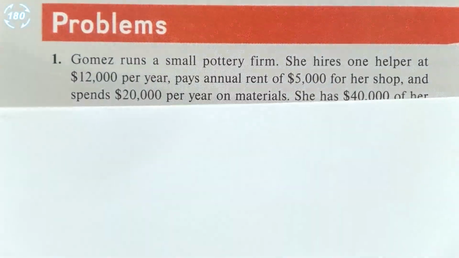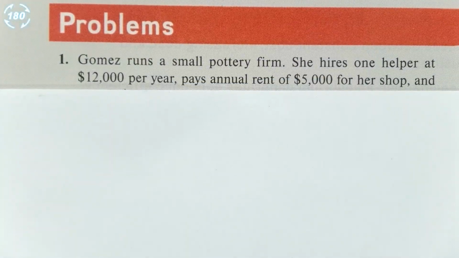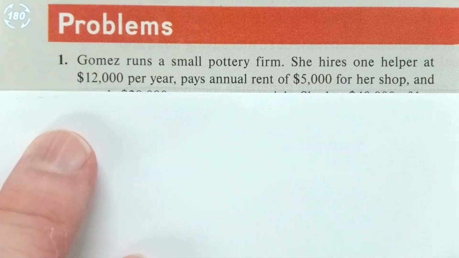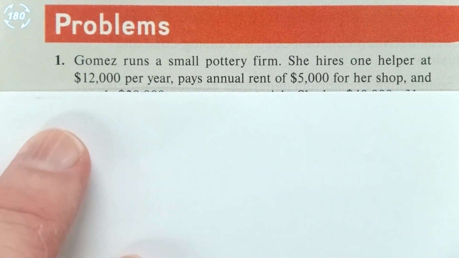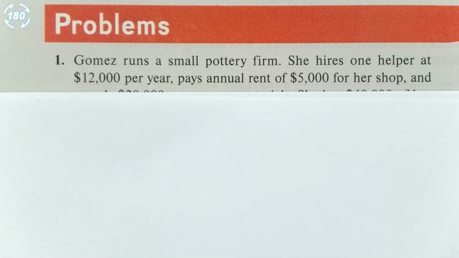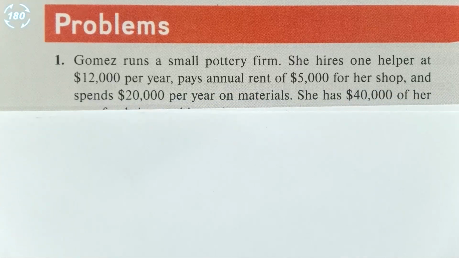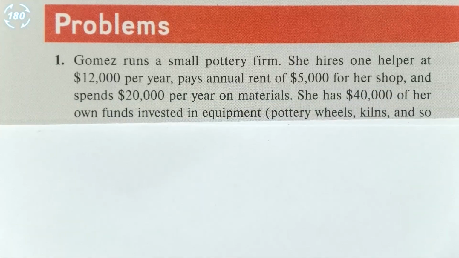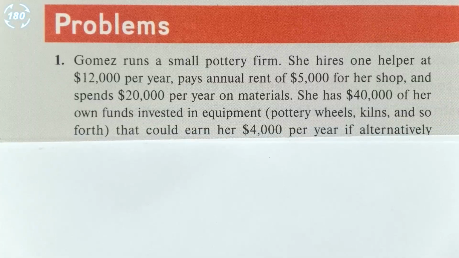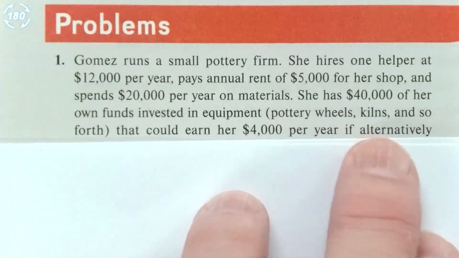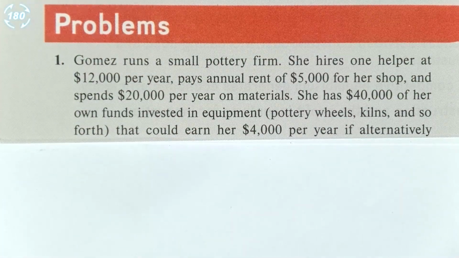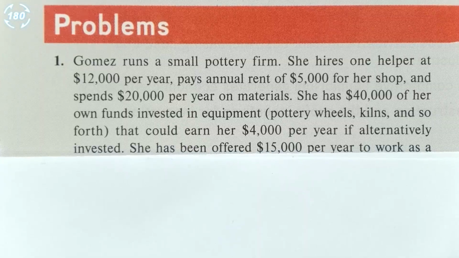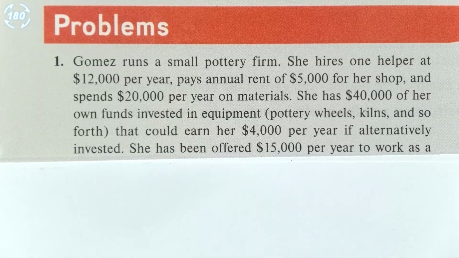Gomez runs a small pottery firm. She hires one helper at $12,000 a year, pays annual rent of $5,000 for her shop, and spends $20,000 per year on materials. She has $40,000 of her own funds invested in equipment like pottery wheels, kilns, and so forth that could earn her $4,000 a year if alternatively invested.